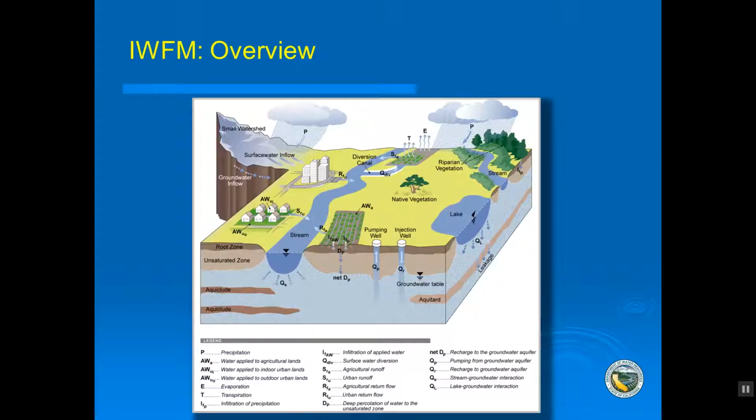But one important feature of IWFM is that we can simulate the urban and agricultural water demand, given the soil properties, given the crop distribution, farm irrigation, farm water management, and atmospheric evapotranspiration and precipitation conditions.